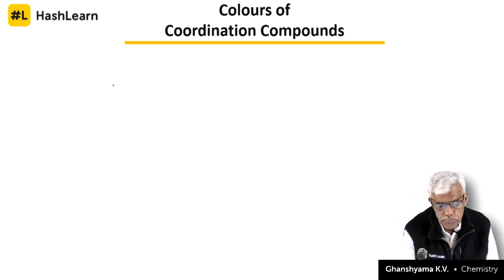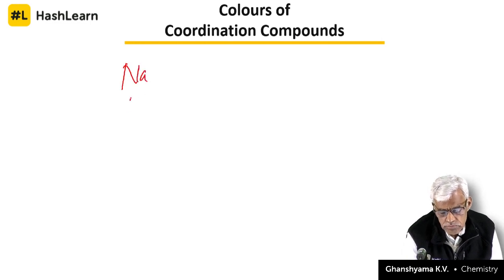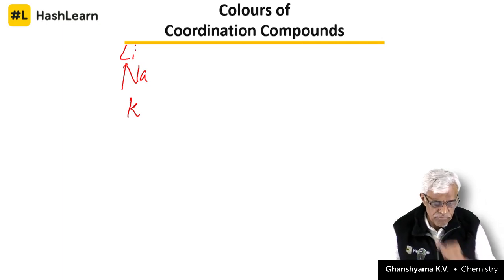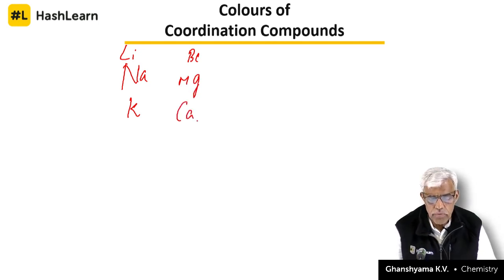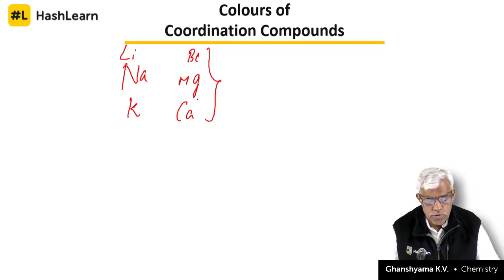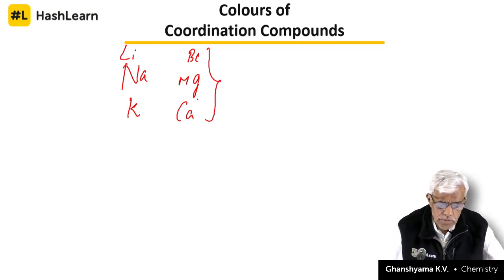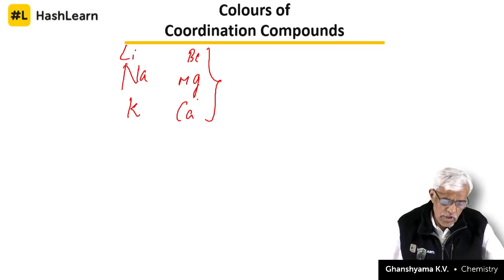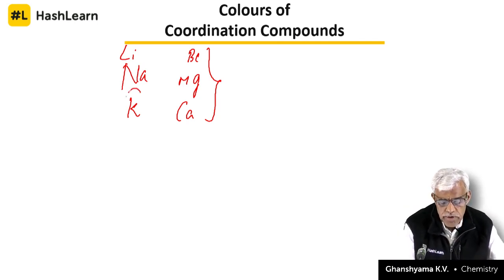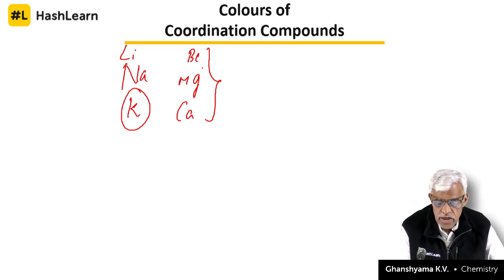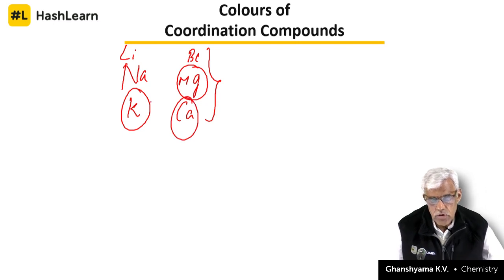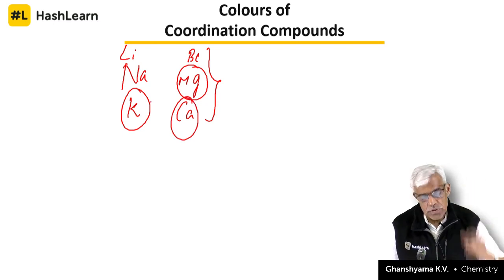Now you consider sodium, potassium, lithium, etc. Or you consider beryllium, magnesium, then calcium, etc. Their compounds: sodium chloride, sodium nitrate, sodium sulfate, sodium phosphate, potassium chloride, potassium nitrate, potassium sulfate, potassium phosphate. Similarly, magnesium chloride, magnesium sulfate, all these are colorless.